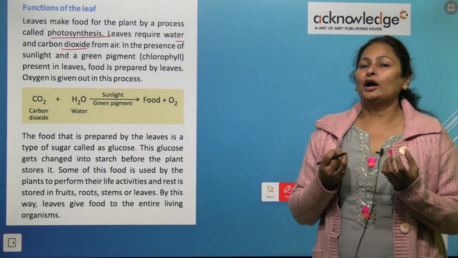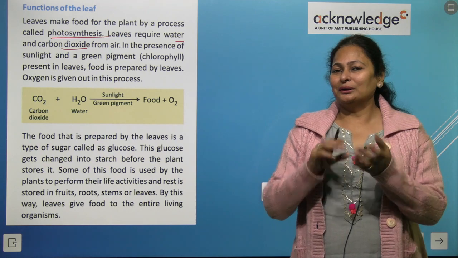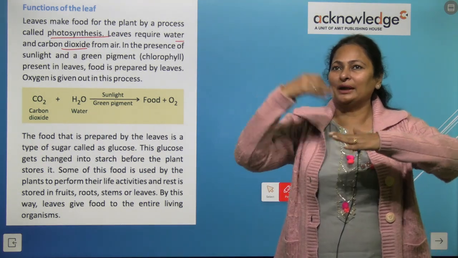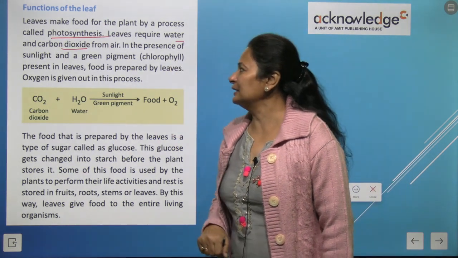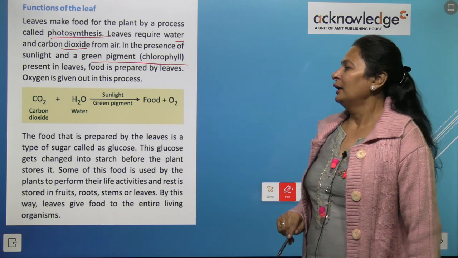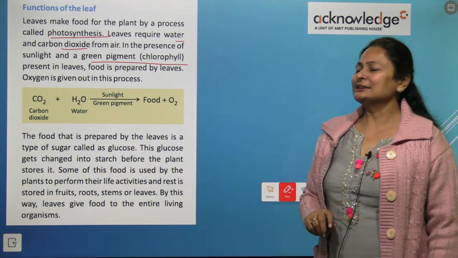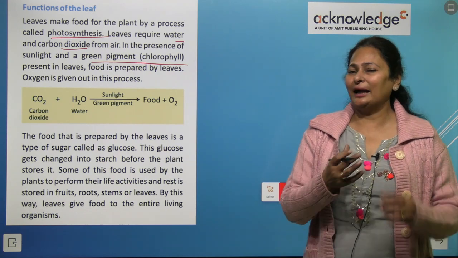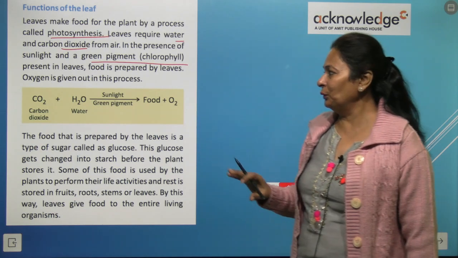Some aquatic plants have stomata on the upper side to get the air. And the presence of sunlight and the green pigment, which is known as chlorophyll, present in the leaves. Food is prepared by leaves. Oxygen is given out, and that we know the process, but this is the equation that we don't know.